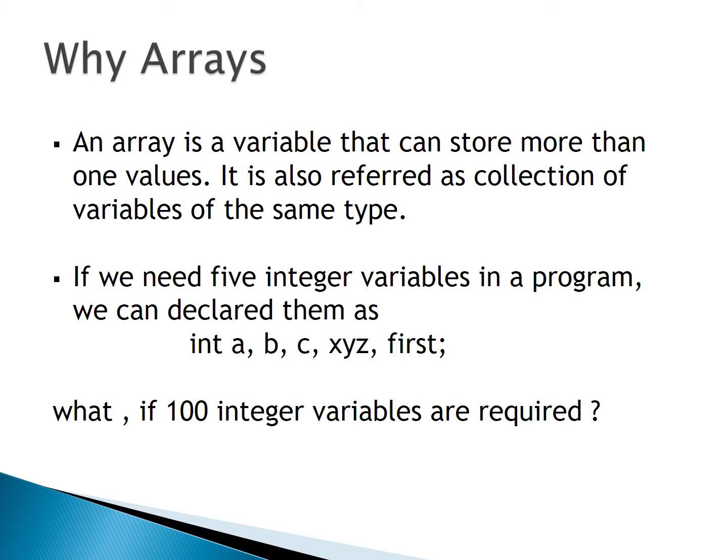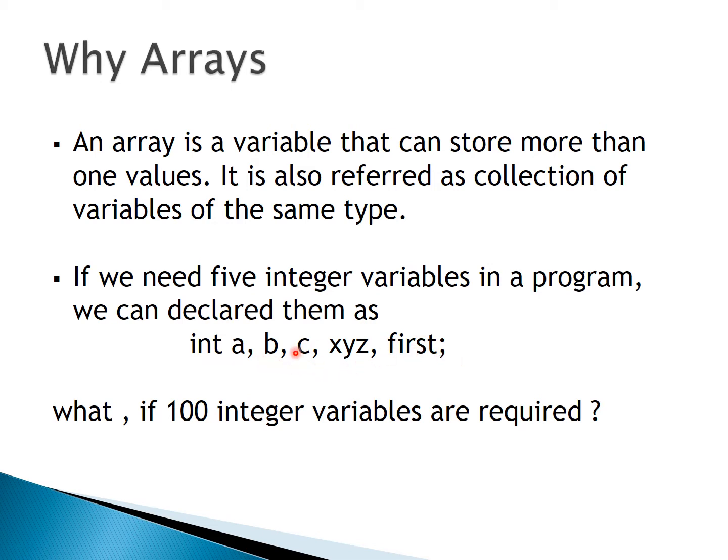Why we need arrays? An array is actually a variable that can store more than one value. It is also referred to as a collection of variables of the same type. Let's suppose we need 5 integer variables in a program. We can declare them as int a, b, c, and whatever names you choose.